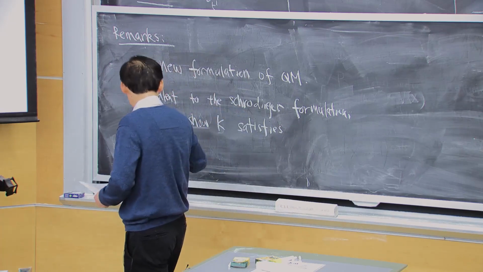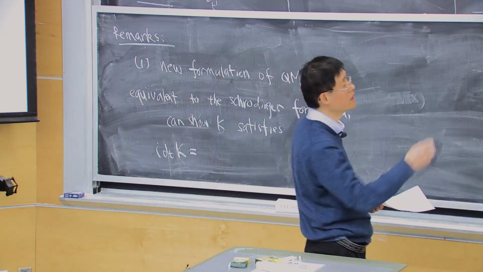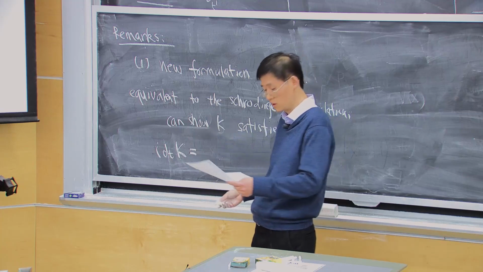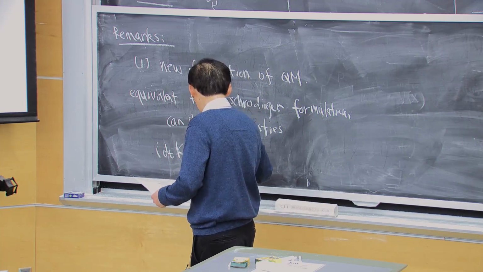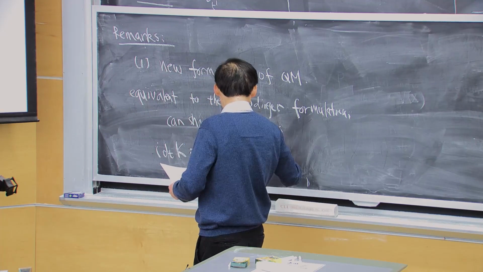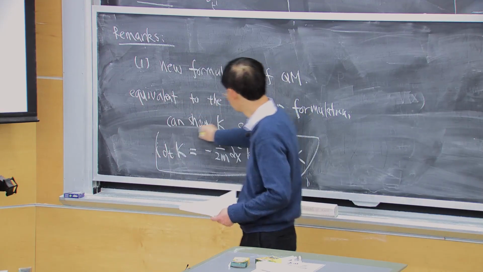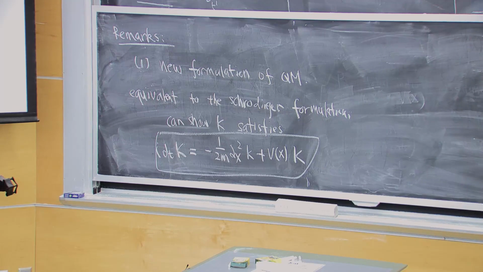This will guarantee that your wave function, when you convolute with this k, will also satisfy the Schrodinger equation. Again, I will leave it to your homework.